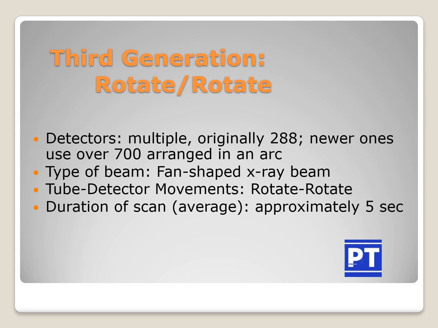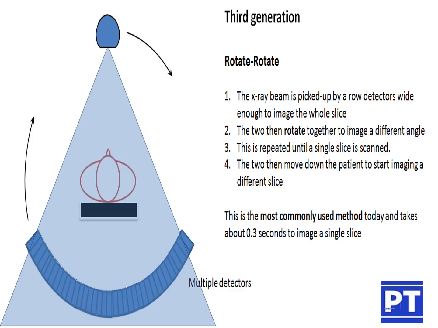Then the tube detector movement is rotate. The tube and the detector start moving in rotation, and the linear movement has stopped. The duration of this scan averaged approximately 5 seconds. So this is an image of a rotate scanner.